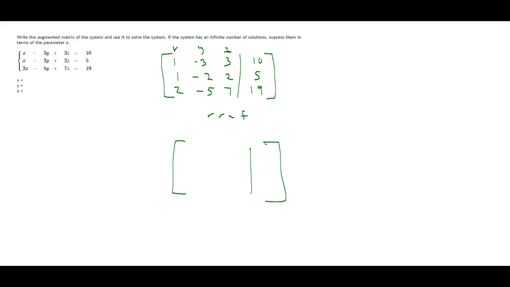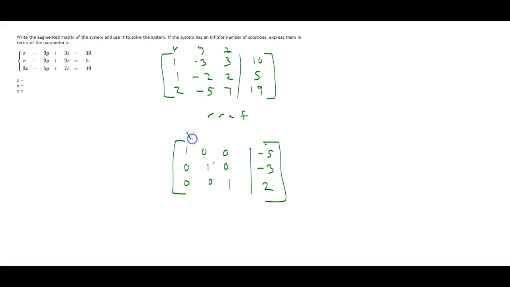So it looks like I got 1, 0, 0, negative 5. And we had 0, 1, 0, negative 3. And then 0, 0, 1, 2.